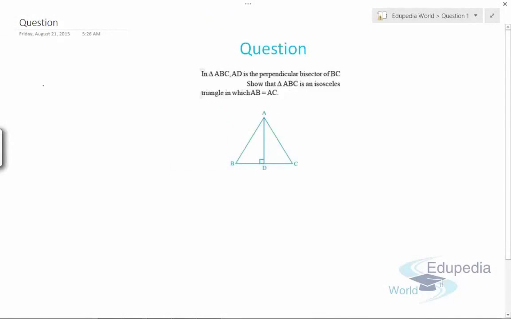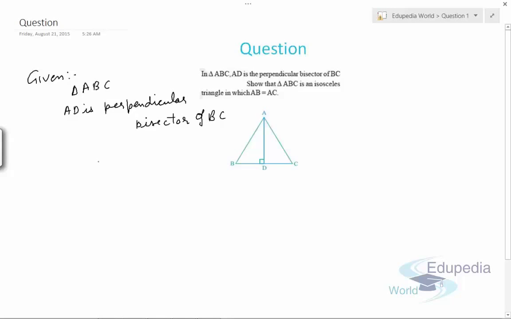Now it's given that in triangle ABC, AD is the perpendicular bisector of BC.